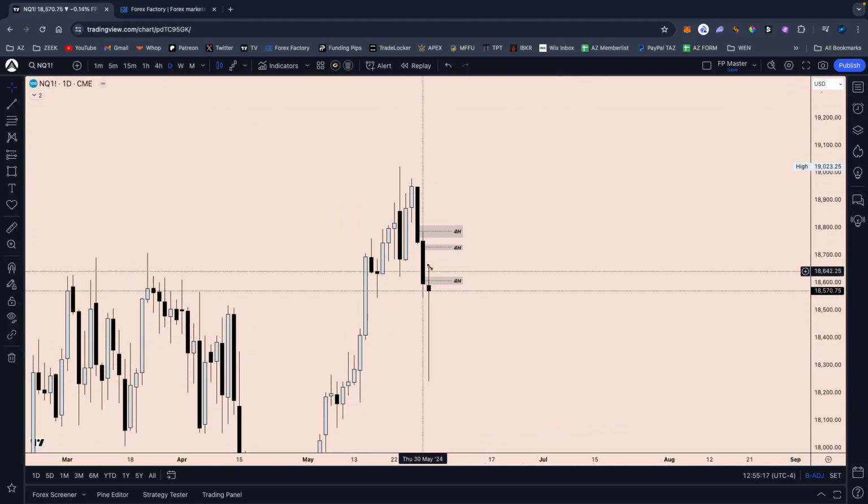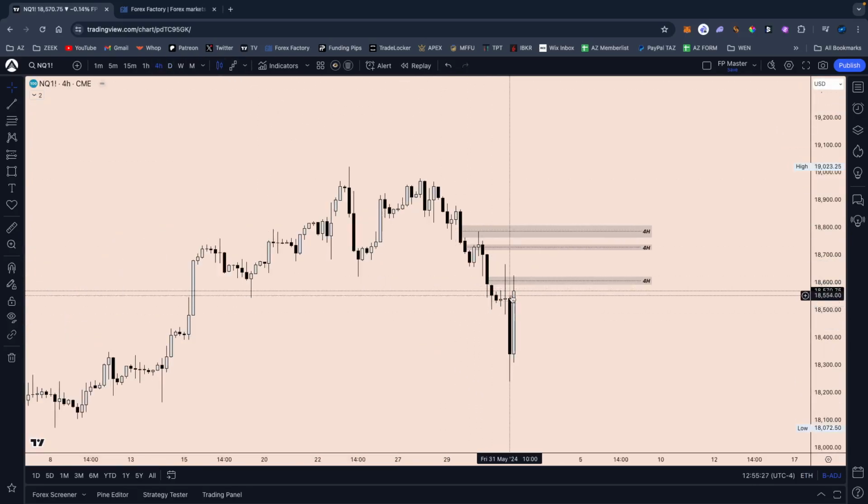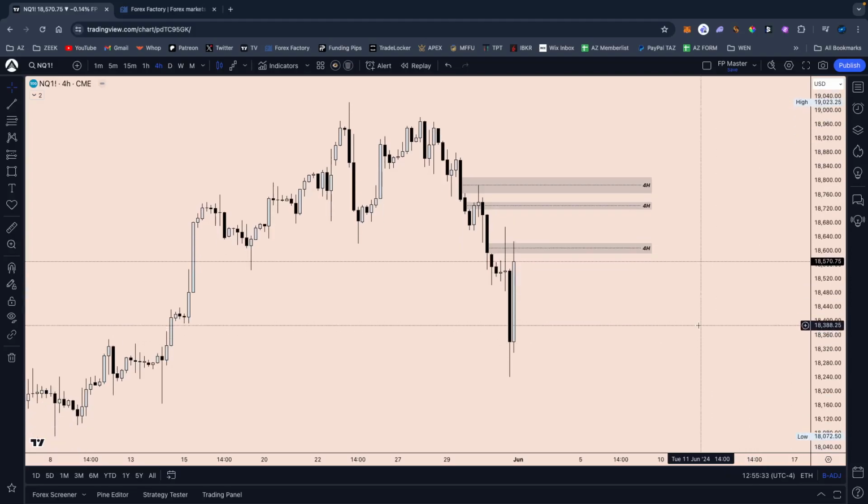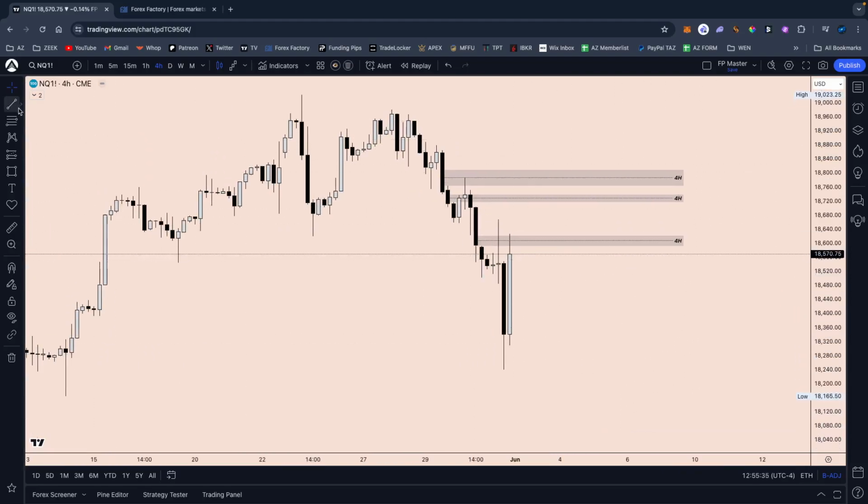Yeah, on a daily, that's a 2022 model. Market structure shift, daily bearish fair value gaps. Like I said, given this bullish candle here, the most likely thing that we're going to see is that we're going to run out the previous day's high. So let's also mark that out.